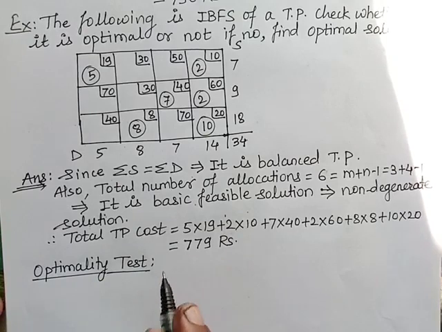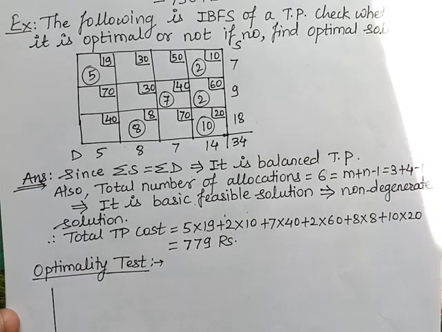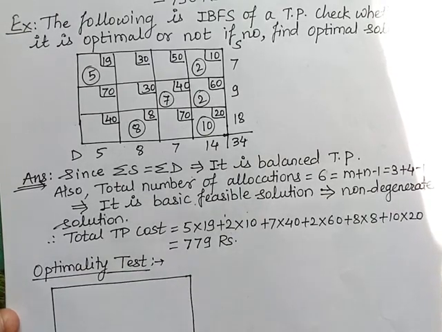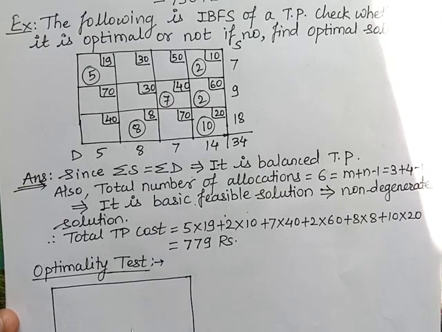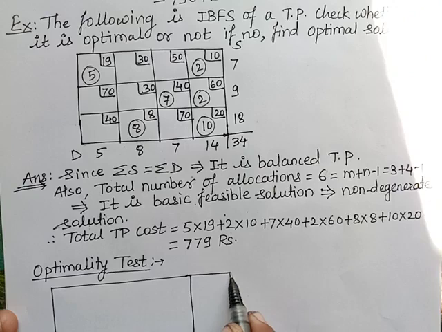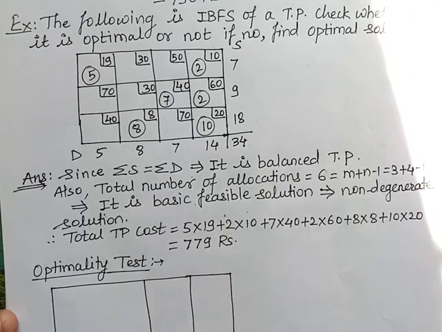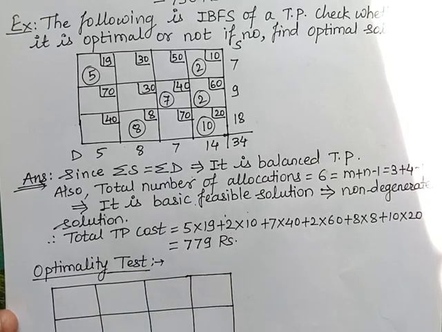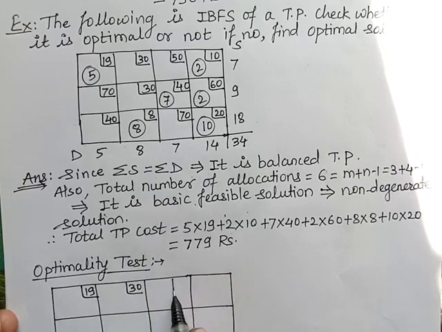So first of all, let me prepare a table here. Here 19, 30, 50, 10, 70, 30, 40, 60.